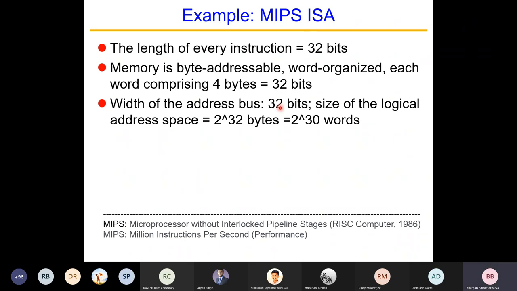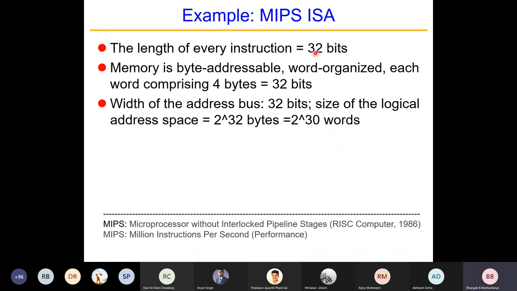The address bus is 32 bit again. So everything is 32 in MIPS. Therefore, the size of the logical address space, that means that many bytes you can address, is 2 to the power 32 bytes, which means 2 to the power 30 words, because each word comprises 4 bytes. So many words you can address using MIPS assembly language.